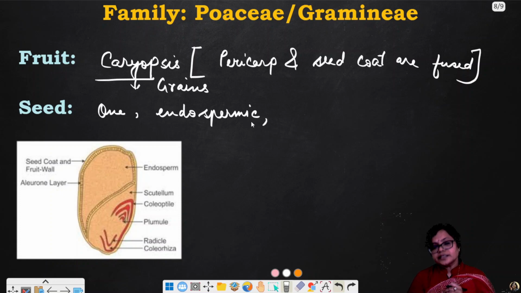In NCERT class 12 biology book, you have learned in grass family, we observe scutellum, coleoptile and the coleorhiza.